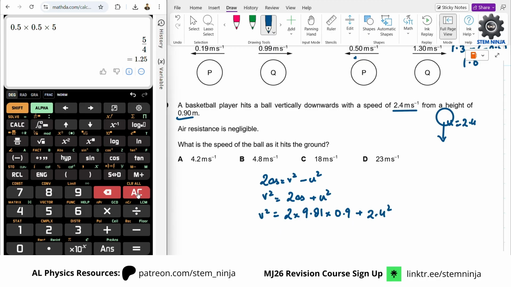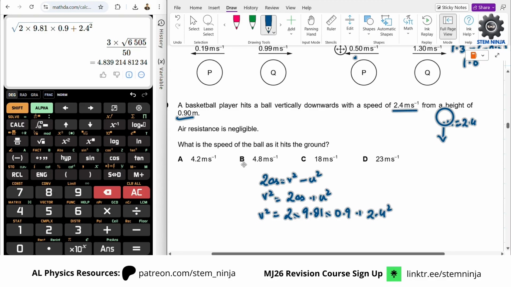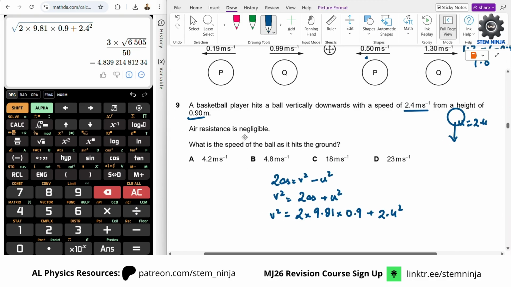Remember, this is going to give us v squared, so we have to use the square root. So this is 4.839. So this is going to be B.